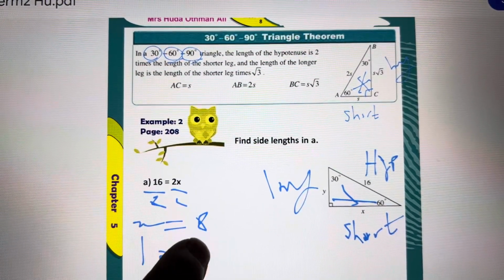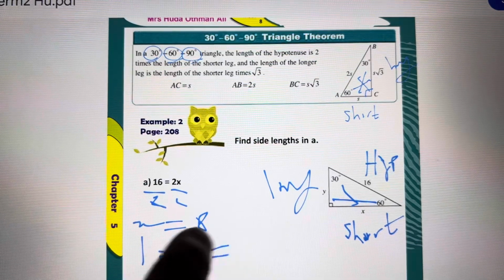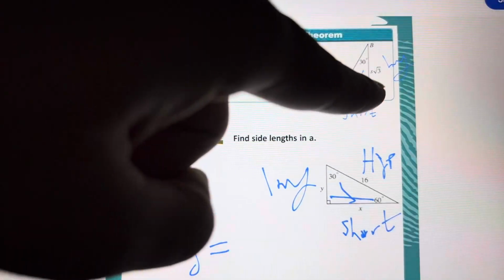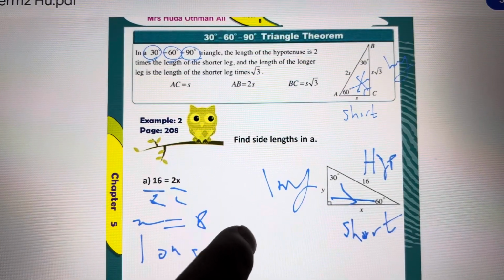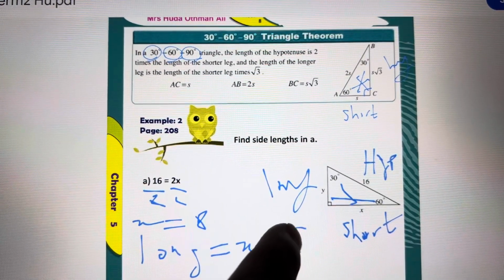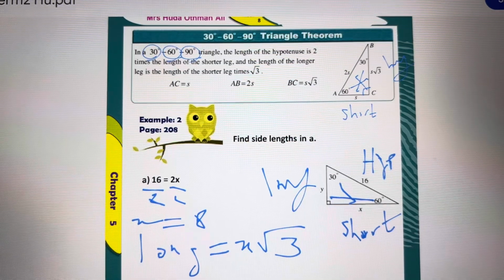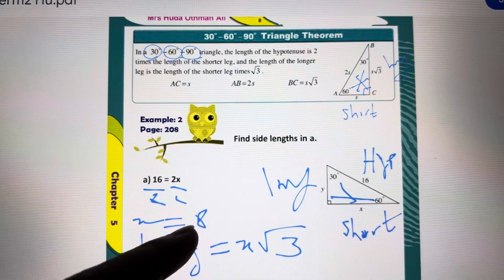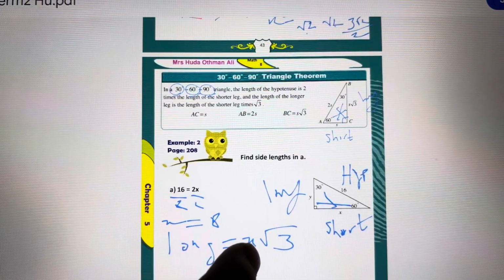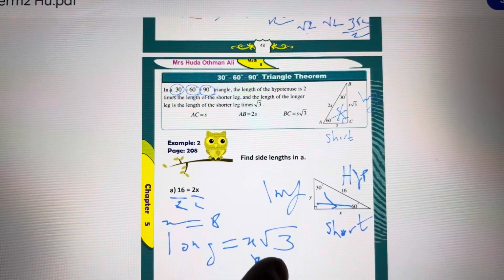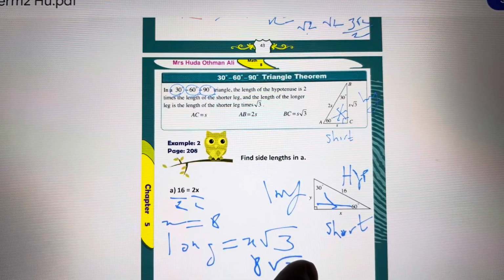Long side equals S square root of 3 or X square root of 3. What did we get instead of the X? We got 8. Instead of the X, I just put 8. 8 square root of 3.